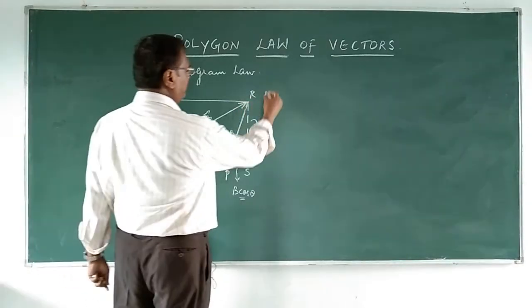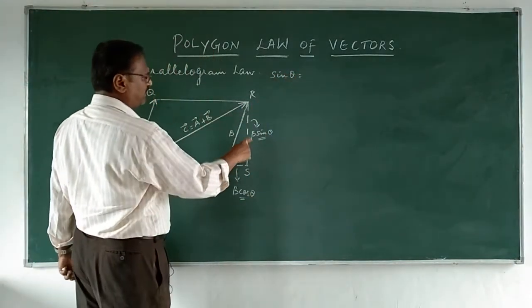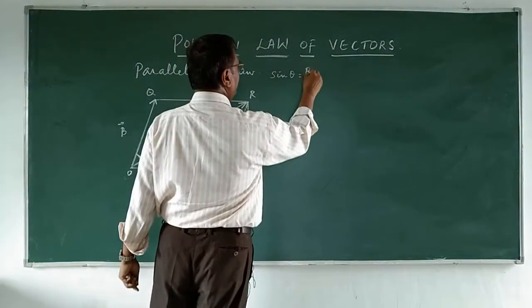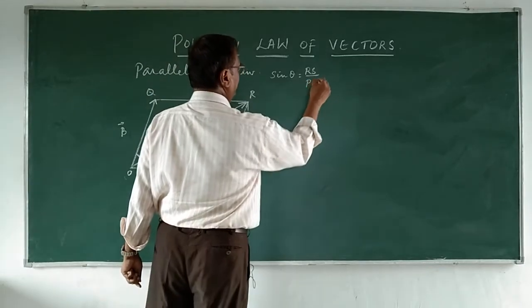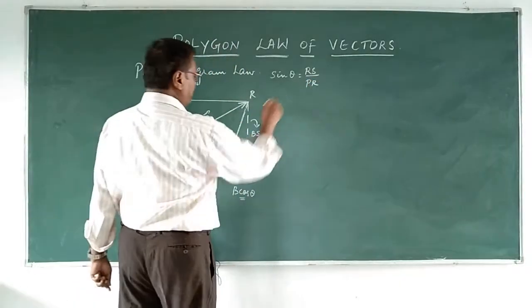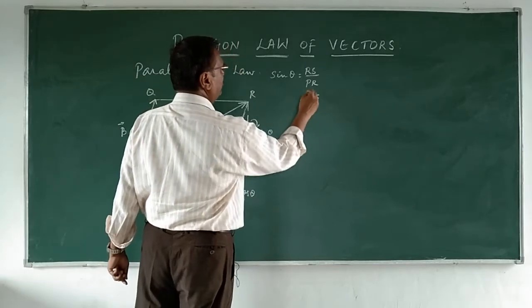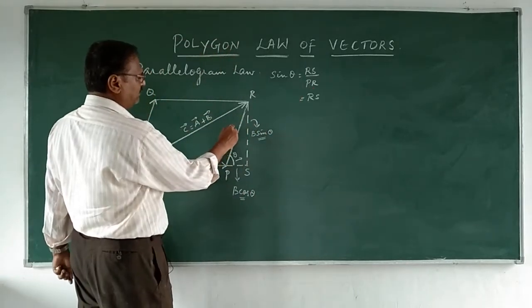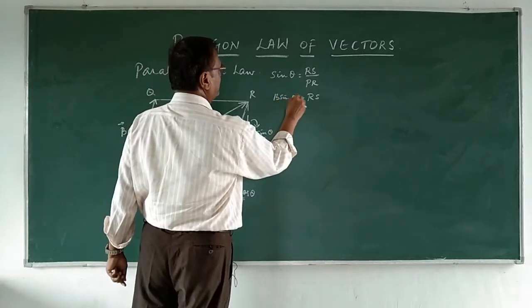Or for example, if you want me to remind you, what is sin theta? Sin theta is perpendicular RS upon PR, which is the hypotenuse. And RS, which we wanted to find out, is equal to PR, and PR is B. So B sin theta.